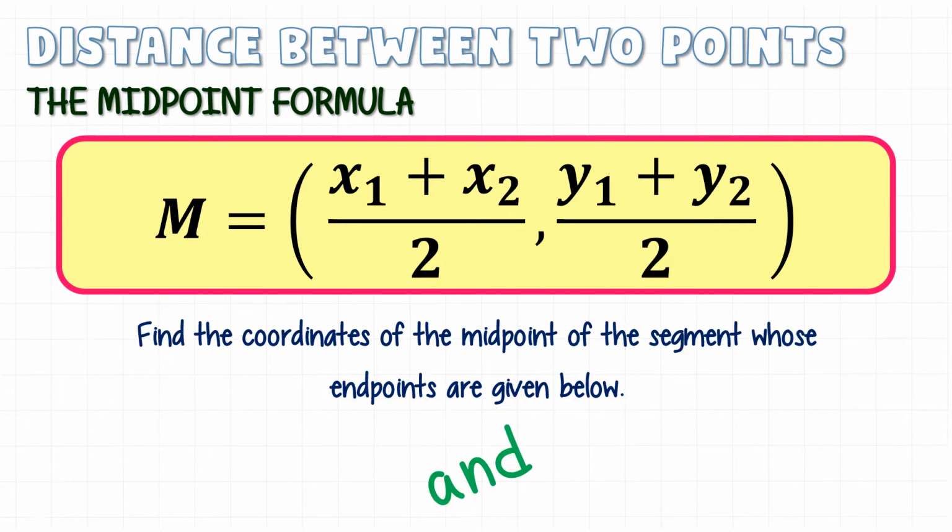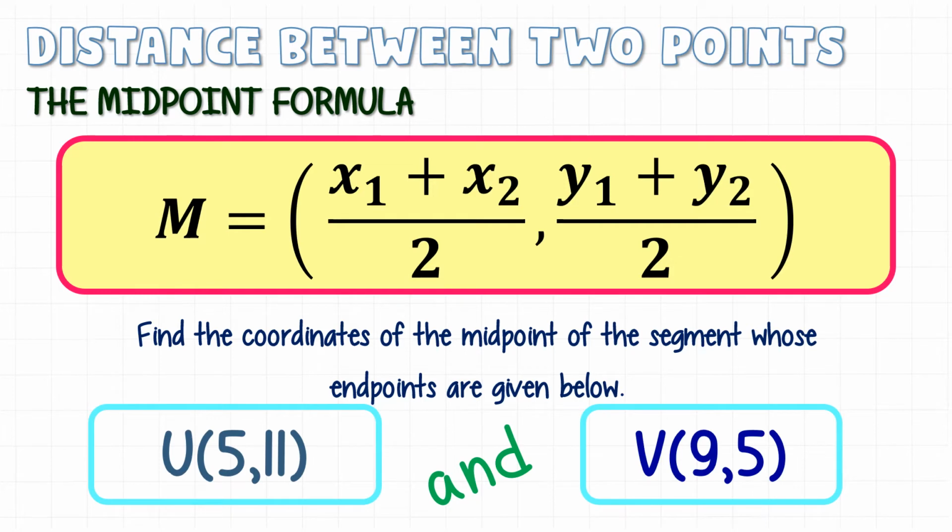Example. Let us find the coordinates of the midpoint given the segment whose endpoints are below. Ayan. So, sabi dyan, i-add daw. So, the midpoint is at yung parehas x. So, (5 plus 9) divided by 2. And then y over 2.